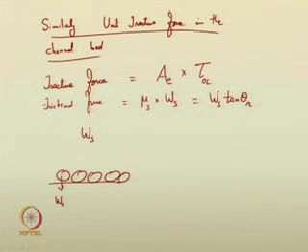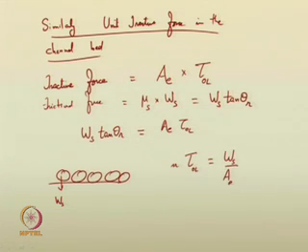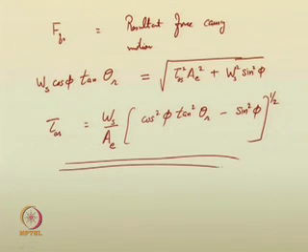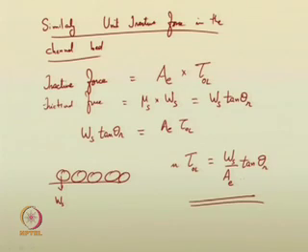You will get W s tan theta r is equal to A e tau 0 L, or your tractive force tau 0 L is equal to W s by A e tan theta r. Right. So, from the previous derivation you had already got an expression for tau 0 s, that is the tractive force on the side slopes, and here you are already getting an expression for unit tractive force in the channel bed.